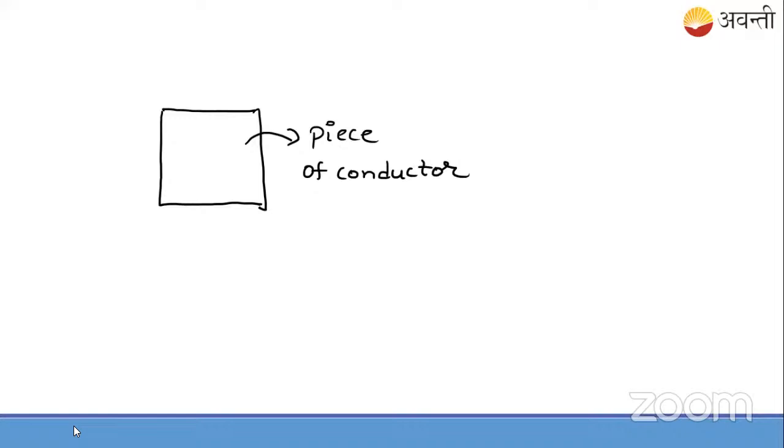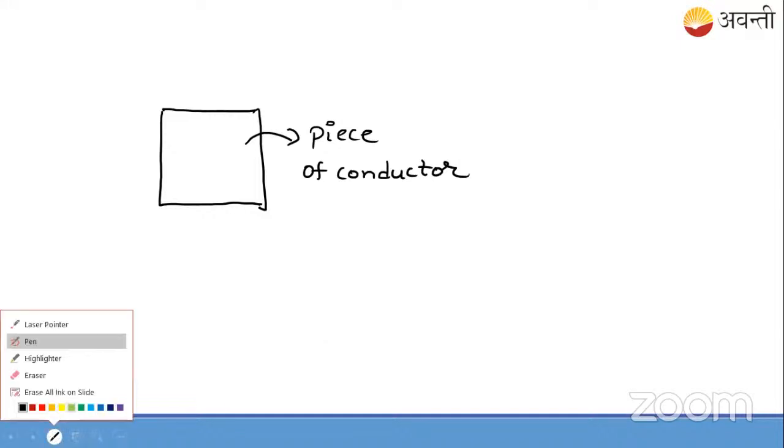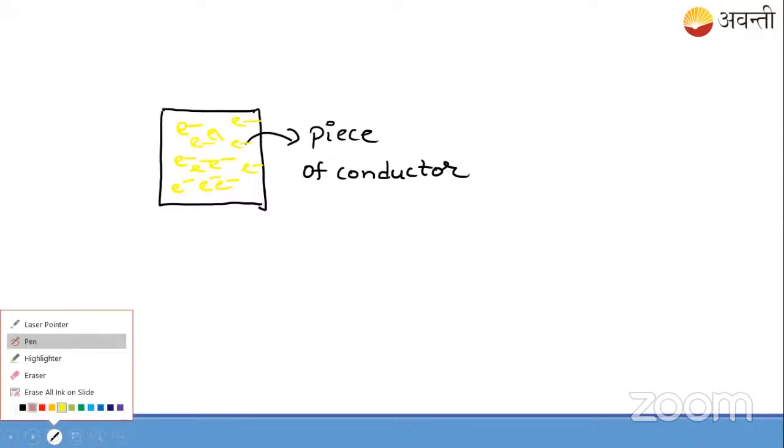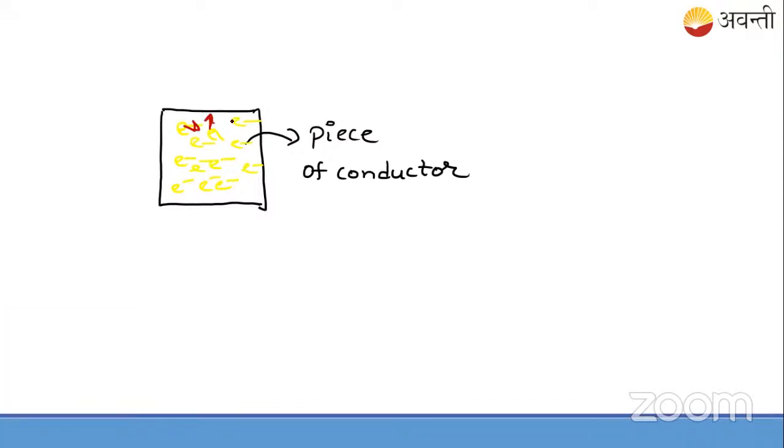Who are the students who have newly joined? Very good. Three students have answered conductors. We know this, but we need a proper explanation for other students. What happens in a piece of conductor basically? There are a lot of electrons which are randomly moving here and there.